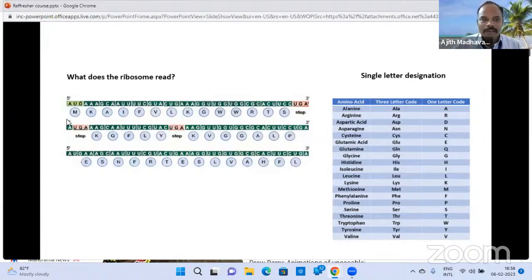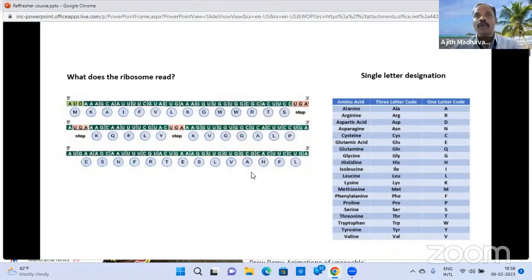The RNA molecule will be read by the ribosome. Since the RNA molecule has some messages in it in the form of an ORF, open reading frame, it is called messenger RNA. There are some RNAs that don't get translated into protein at all. Some of them go into the making of the ribosome. They are called ribosomal RNA or rRNA.